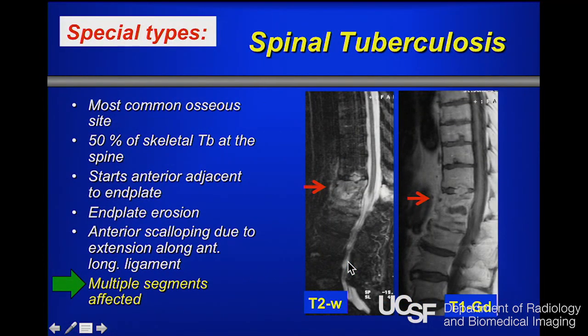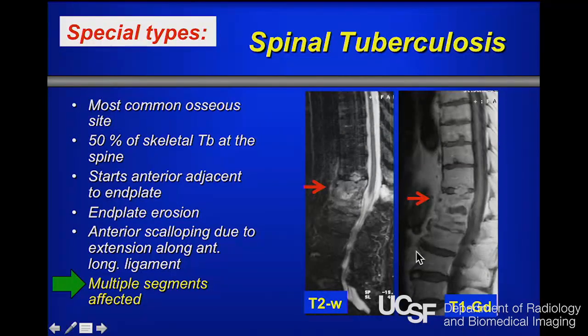Spinal tuberculosis is really the most frequent type of osseous, of skeletal TB. It has an interesting course of disease. It starts at the anterior part of the vertebral body adjacent to the end plate. It causes erosion, and then it causes scalloping of the anterior aspect of the vertebral bodies.